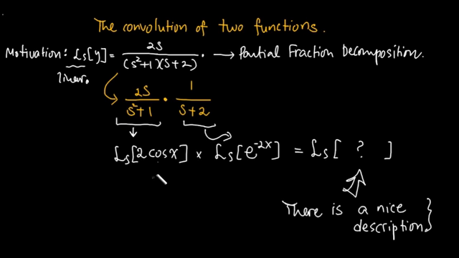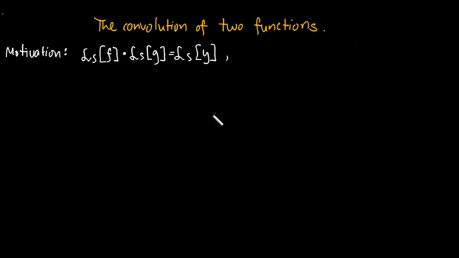So let's look at the general situation. Let me phrase the question in general like this. We're looking at this, usually on the right hand side, but here it's written on the left hand side. For this first factor of the product, we know which function has this Laplace transform. And for the second factor, we know which function it is.